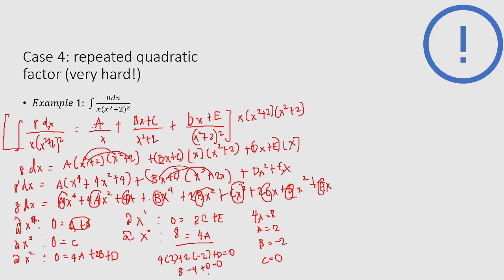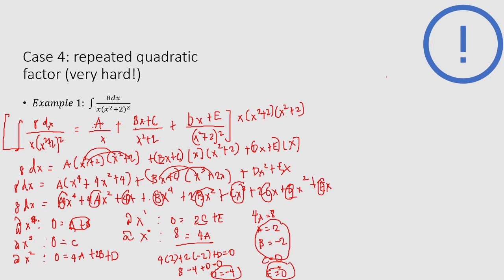So D equals negative 4. And E: C is 0, so 2C is 0, and E is 0.